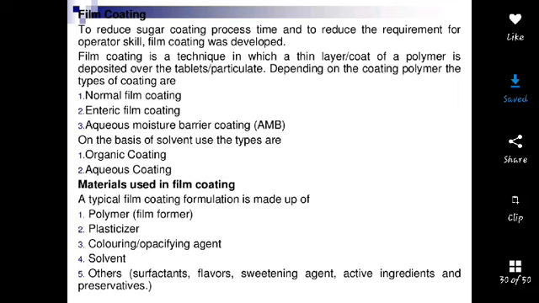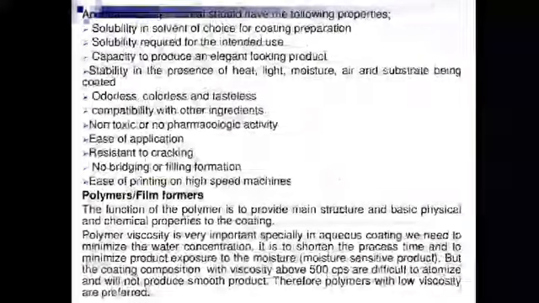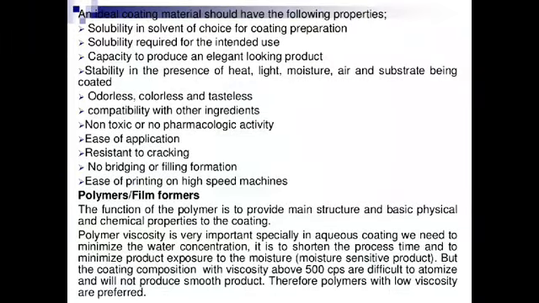Then you have coloring and opacification agents to make it non-transparent. Solvent is also used. Sometimes organoleptic compounds like flavors and sweetening agents can also be added. All these properties are ideal for a material to be used as a film former.